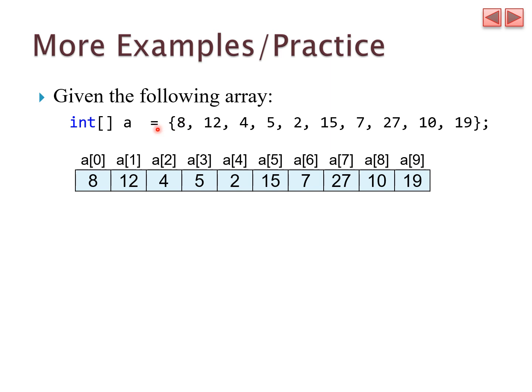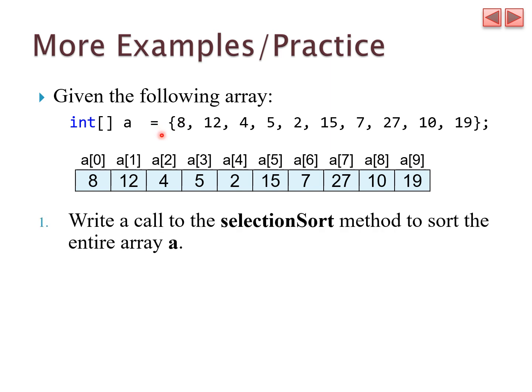You need to write a call to the selectionSort method to sort the entire array, assuming that I gave you the method named selectionSort as in the previous slide. You just need to call it. You don't have to rewrite it.